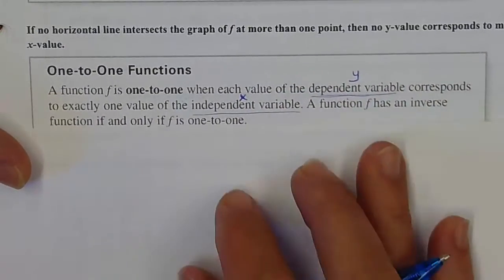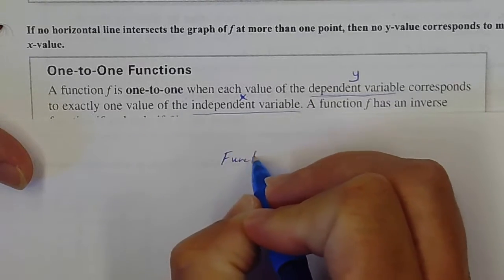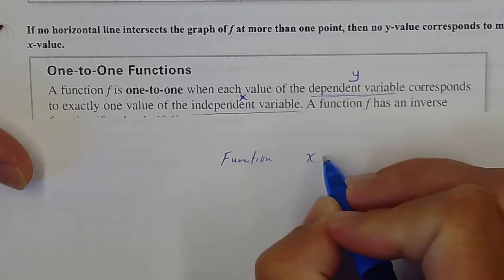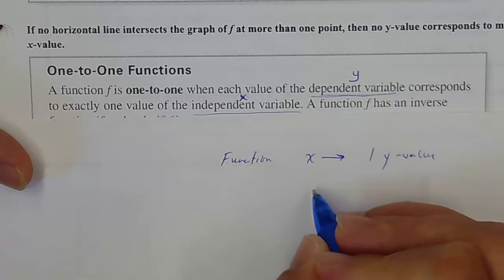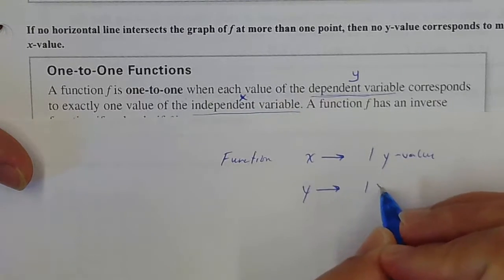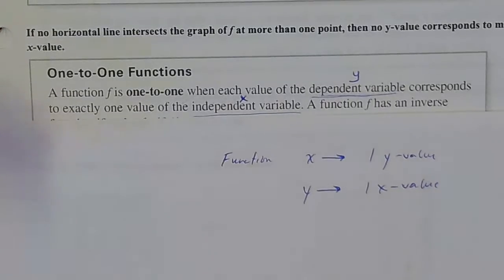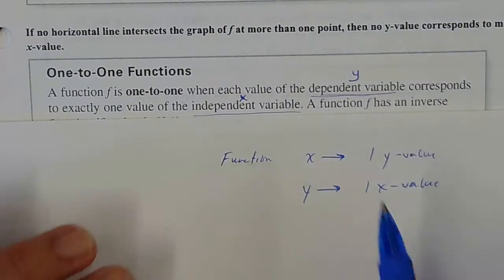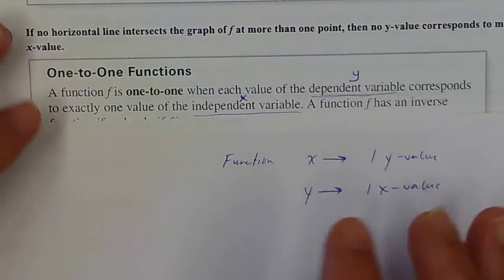Okay, so remember our original definition of functions from the past. For something to be a function, each x had to be assigned to one y value. But now they flip-flop this for one-to-one. Each y value can only be assigned to one x value. So basically, for it to be a one-to-one function, each x has to have one y and each y has to have one x.